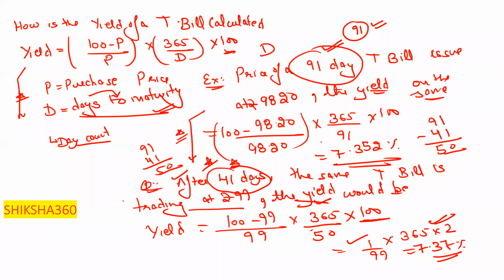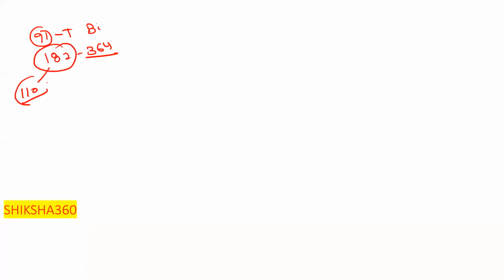In the next session, we will discuss the same type of question. In the treasury bill, it can be either a 91 days, 182 days, or 364 days treasury bill. On that basis, for the 182 days, for example after 110 days, they just change the statement.